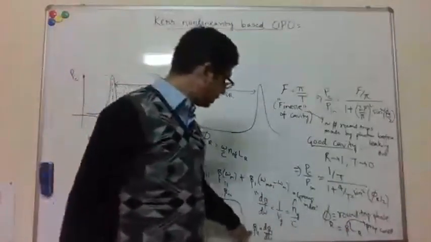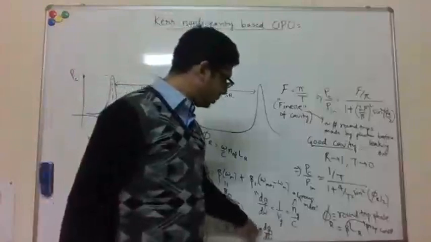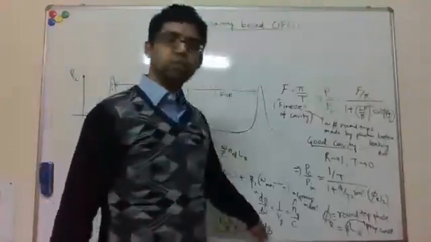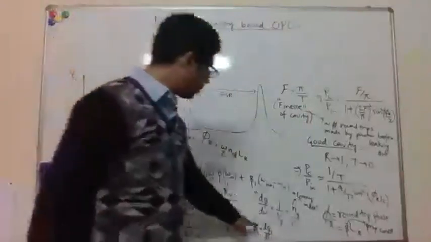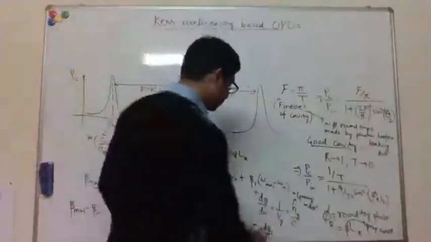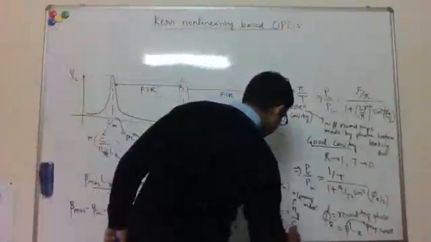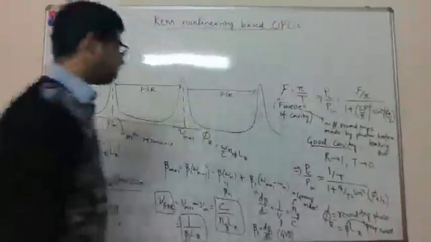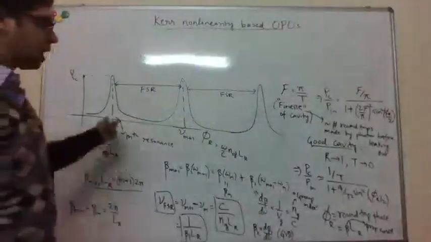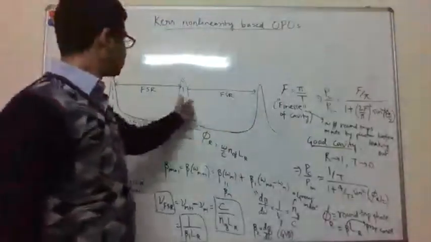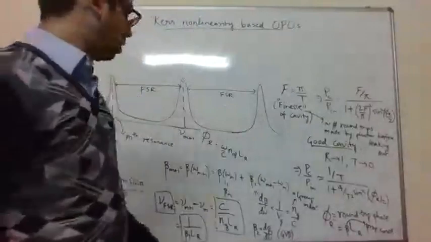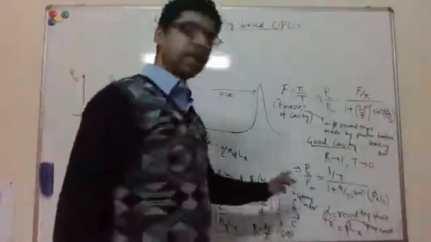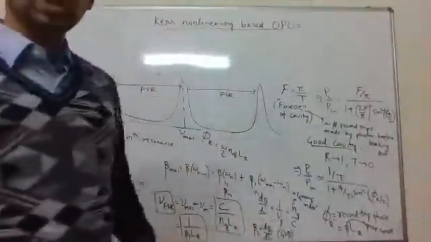So if this is finite, that means beta actually varies with frequency, and then the FSR is not constant, right? So if you have a finite GVD in your cavity, then the FSR is varying with frequency, it's not constant. If you have 0 GVD in the cavity, then your FSR is constant.